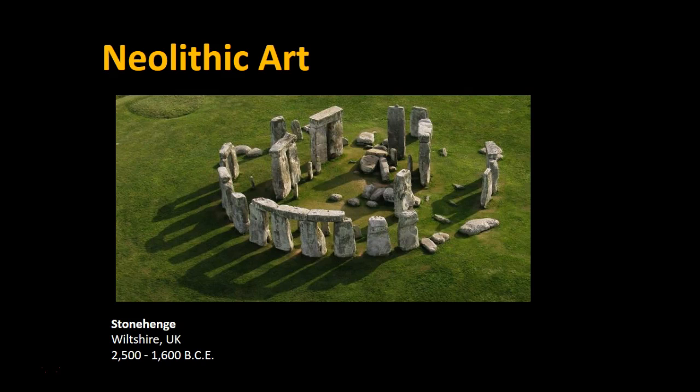But again, we can kind of assume that there must have been some leaders, or maybe an upper social class, who perhaps convinced or maybe even forced people to work together to build the first phase of Stonehenge. We're not exactly sure though.